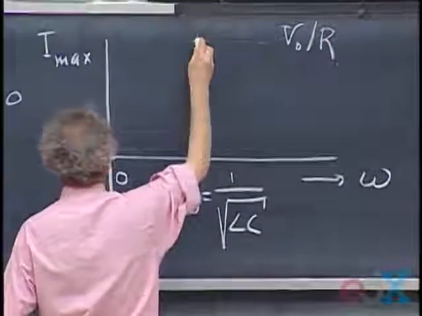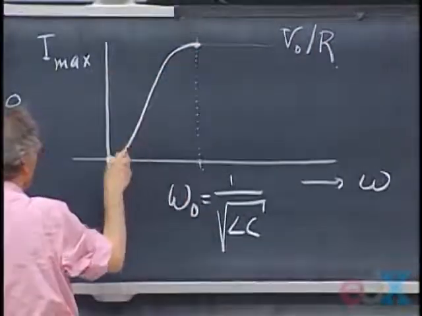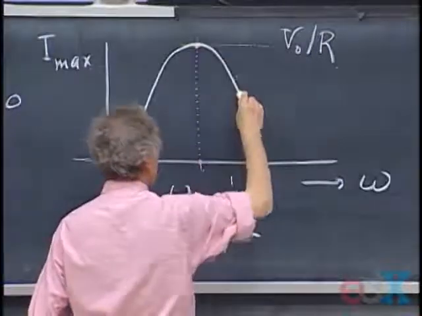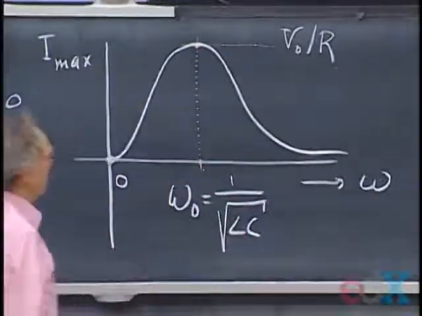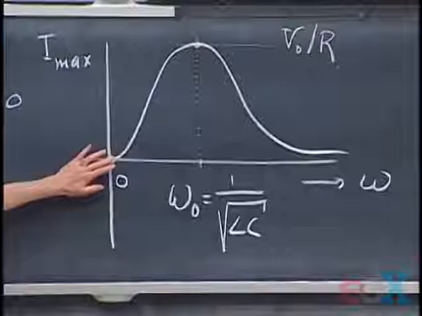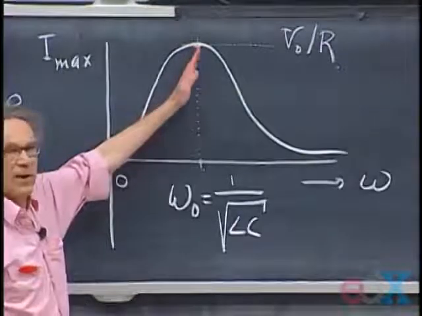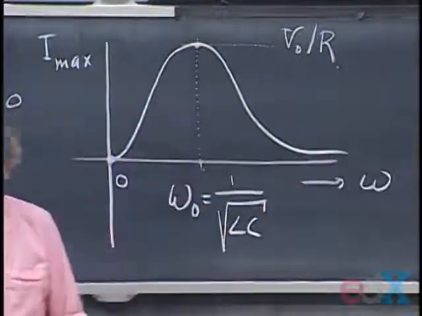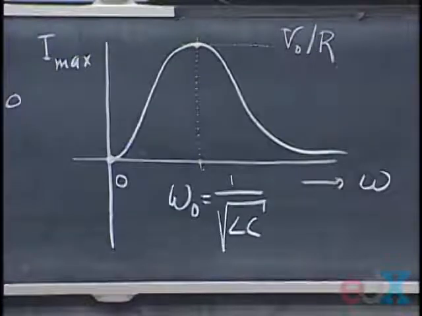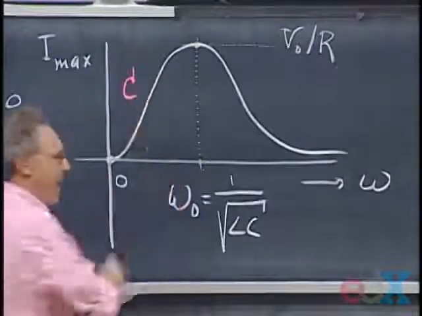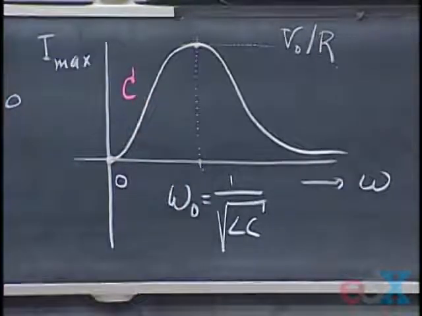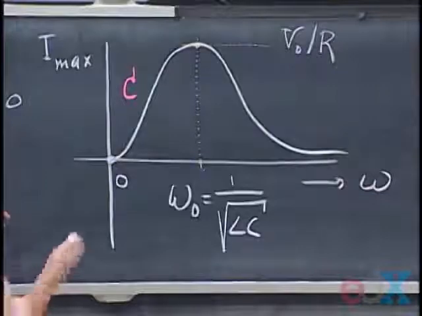And so the curve that you're going to see, which we call the resonance curve, is something like this. You start out with an extremely small current, you go through resonance, we have a high current, and then at high frequencies, again, you go down to 0. And so the left part, when you are below resonance, is really the capacitance, which is the dominant guy in the whole game.